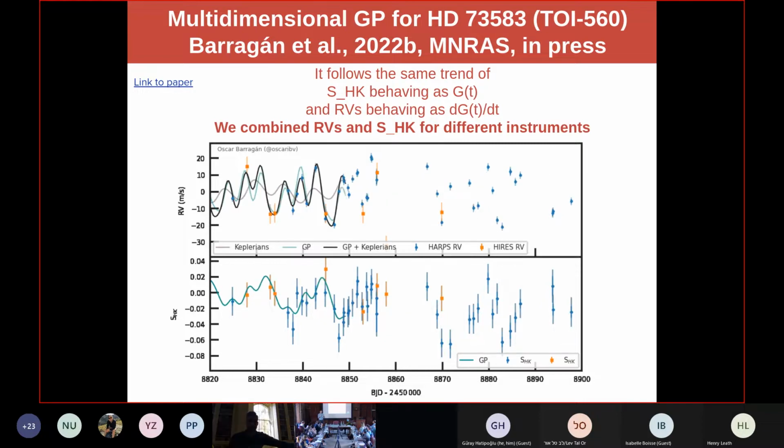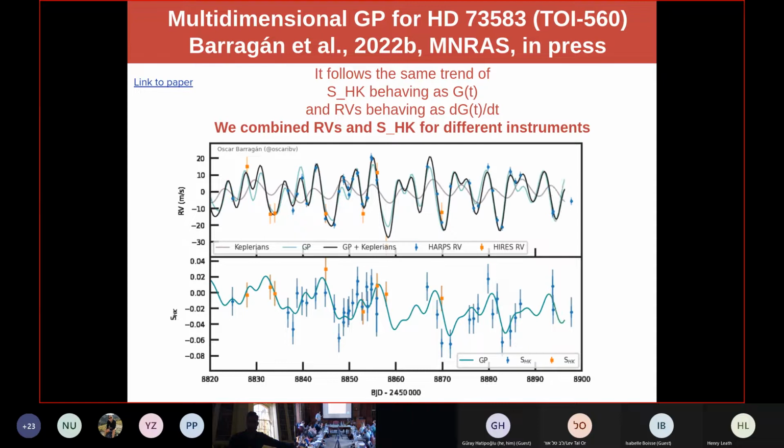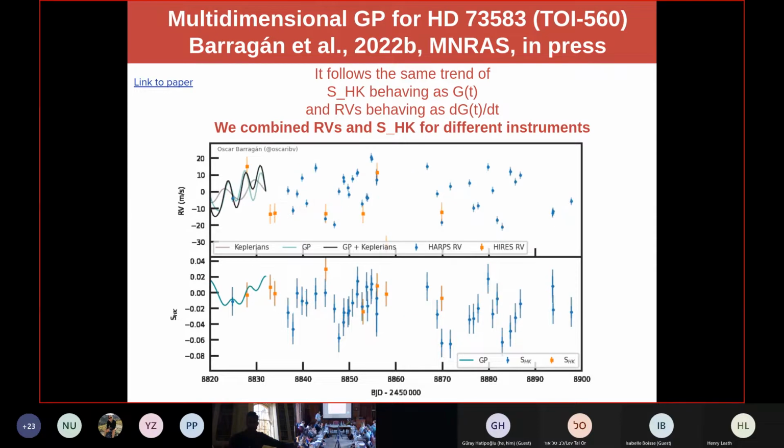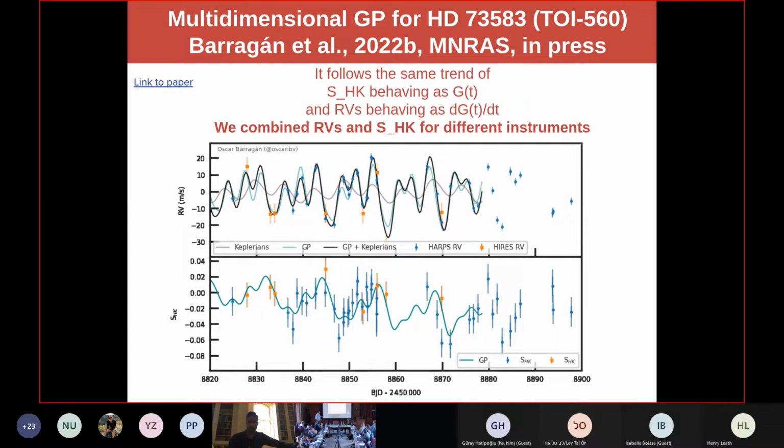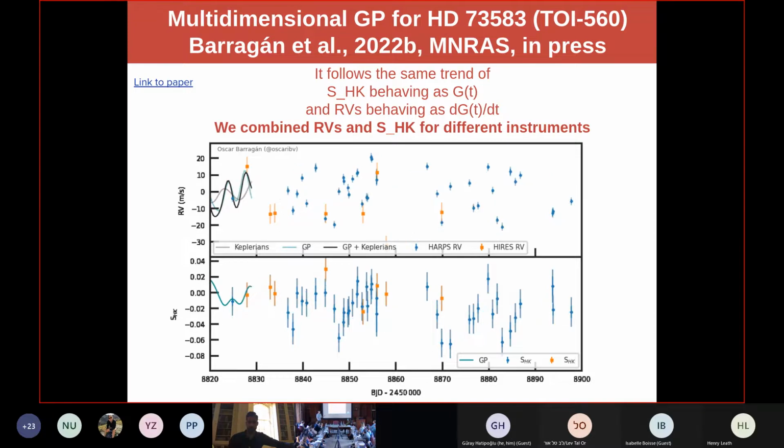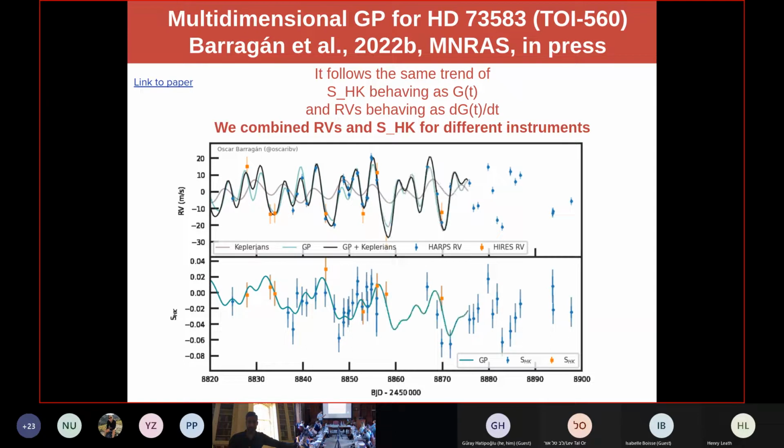They are all in the optical, so we are using the same wavelength because we don't want to get into trouble. Again the radial velocity behaves as a derivative of this function. Also, the amplitudes of the activity in the activity indicators in different spectrographs and in the RVs look more or less the same. So this shows that we can also use this approach to model stellar signals in different kinds of spectrographs.